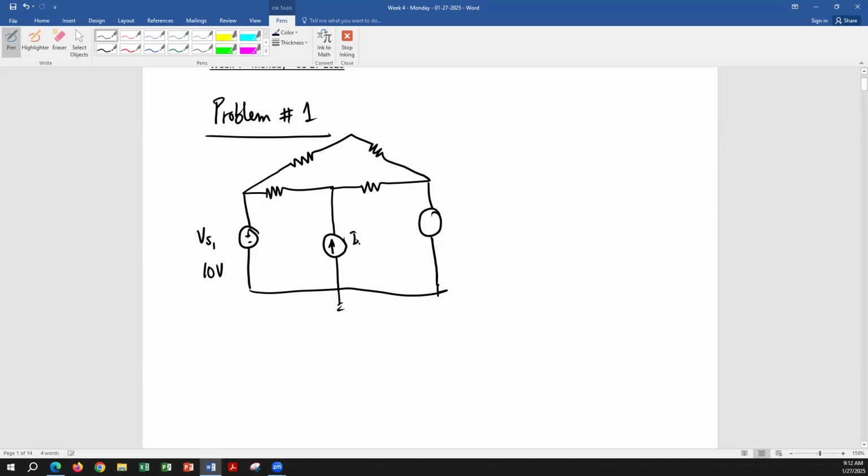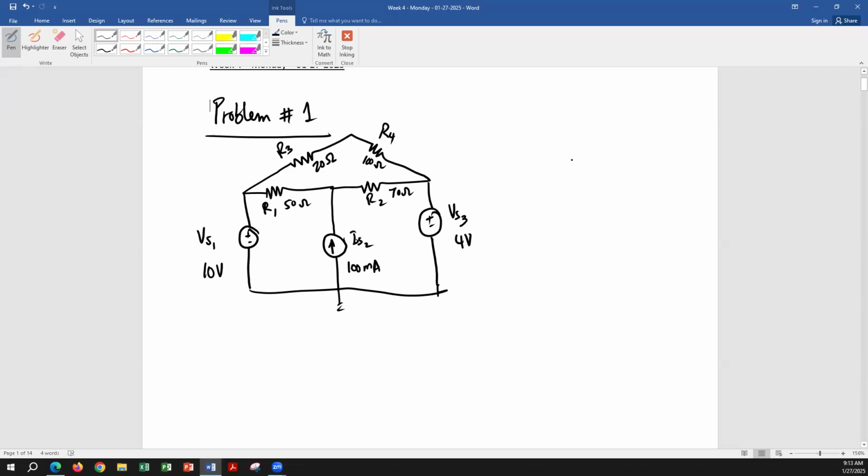Let's call this source 2, 100 milliampere. And let's call this source 3, 4 volt. R1, R2, R3, and R4: 20 ohm, 100 ohm, 50 ohm, and 70.